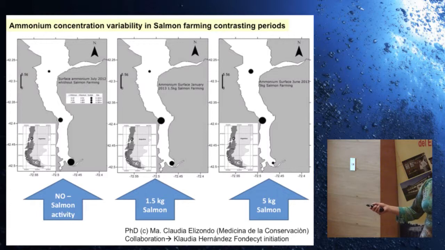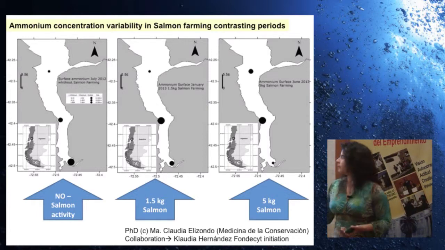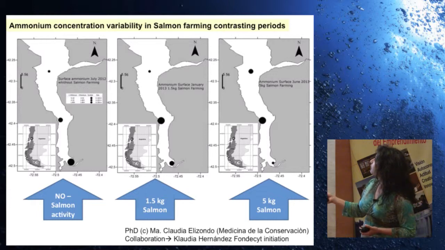So there's a larger input of ammonium from there, and then you have a decreasing trend. This is just surface. But then, for example, in periods where salmon farming is increasing, this is summer also, this is January 2013, we've seen a different pattern.